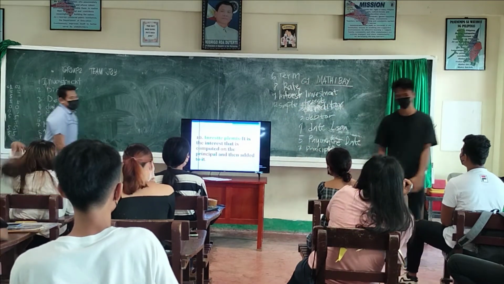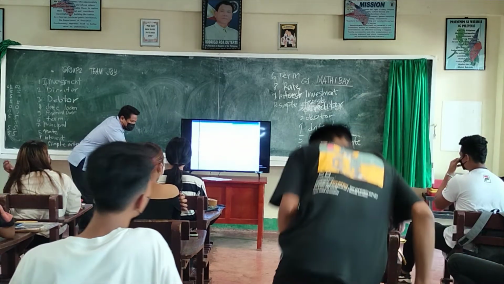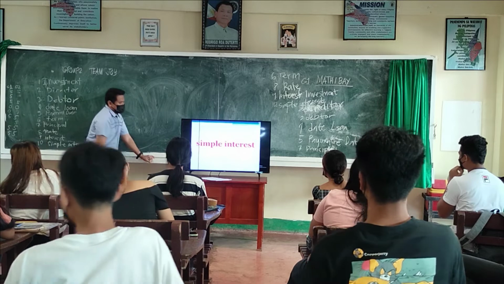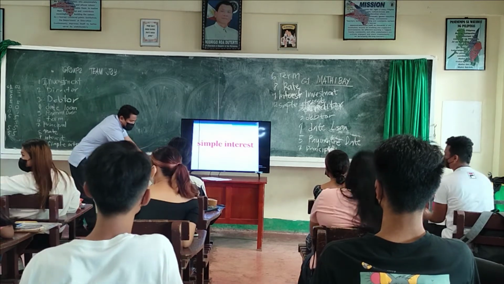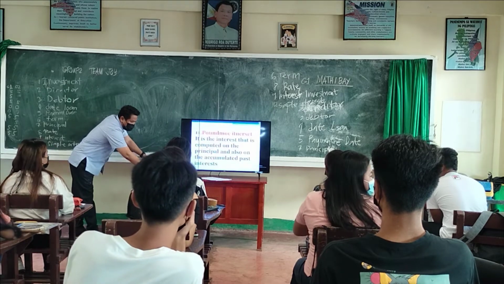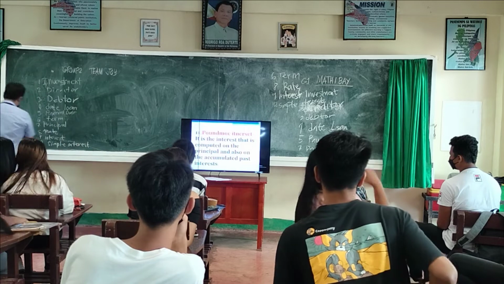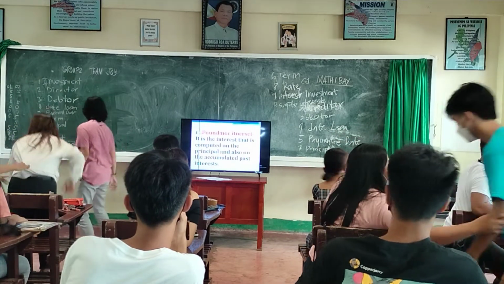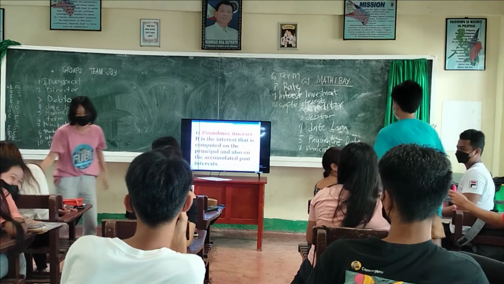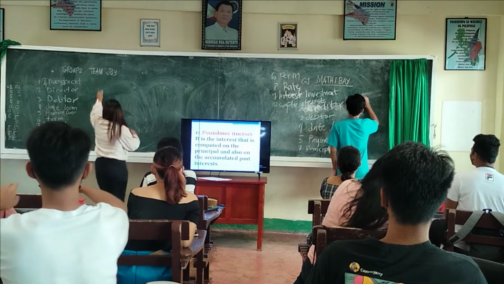Let us see if your answer is correct. We have simple interest. Another question, number 11. It is the interest that is computed on the principal and also on the accumulated interest. Go now.